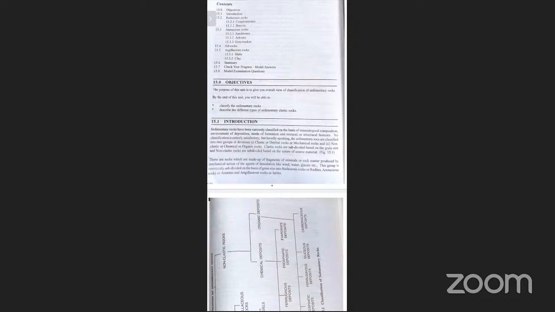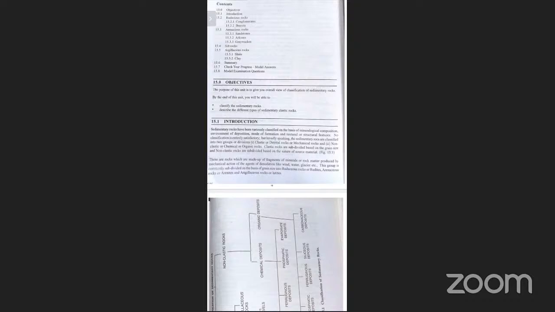Most of the clastic rocks are made up of different fragments of minerals or rock matter, produced by the mechanical action of agents of denudation like wind, water, and glacier.